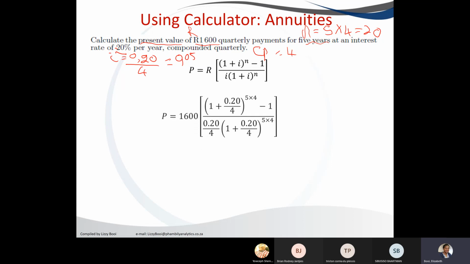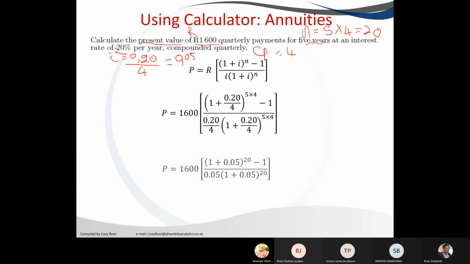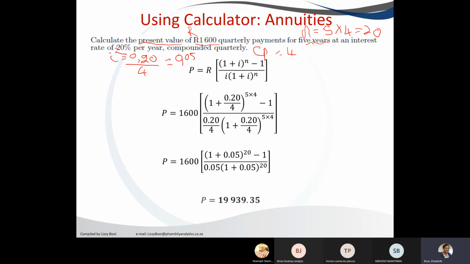When we substitute the values, we know that our i is 0.05 and our n is 20. So we substitute into the formula: 1,600 times 1 plus 0.05 to the power 20 minus 1, divided by 0.05 times 1 plus 0.05 to the power 20. And we solve the equation.